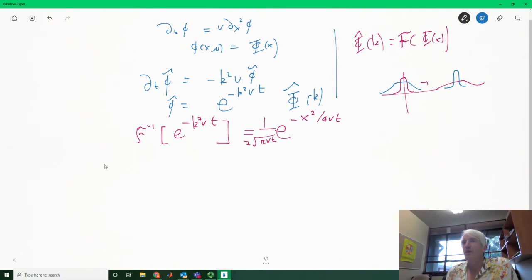So when we inverse Fourier transform two functions like this, we get the convolution of them. So we finally get this expression for phi of x comma t: the convolution of big phi with this function here.